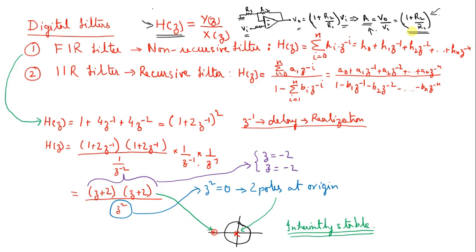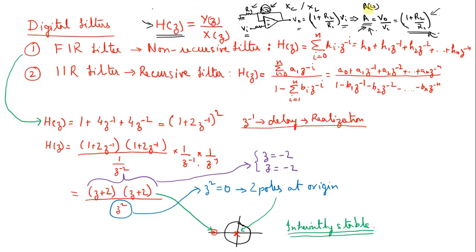Now if we make subtle changes in this R2 and R1, what are these? They are nothing but the impedances. Instead of this R2, if we use XC or XL, or a combination of XC and XL, that is also possible. When you do that, you will be incorporating complex functions within this equation. Then the gain we are discussing will also become frequency dependent.